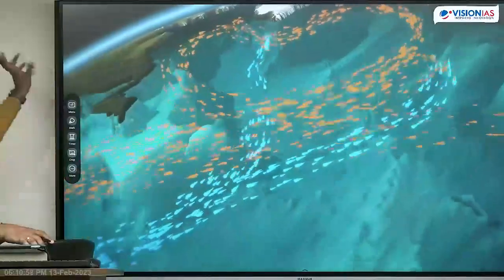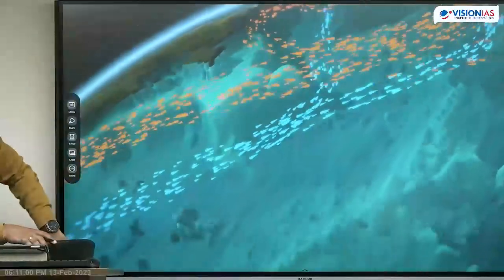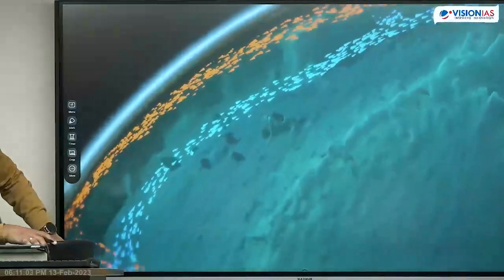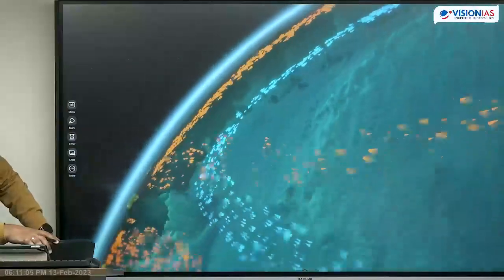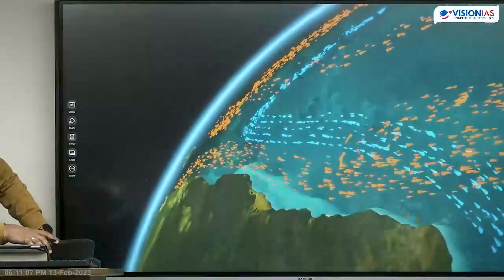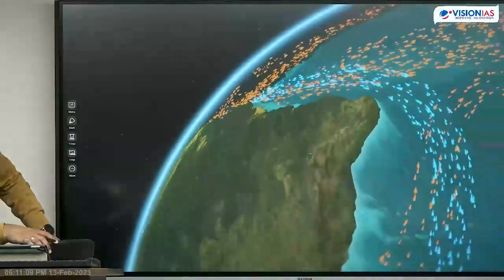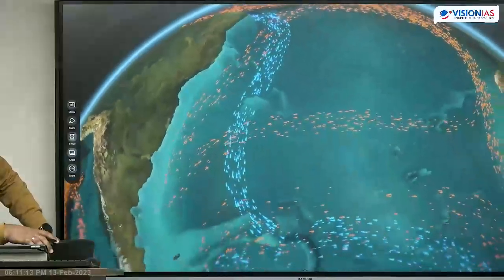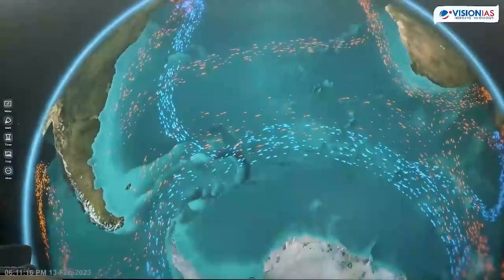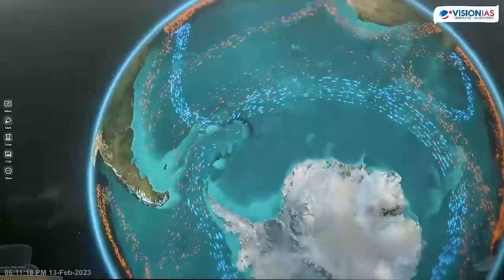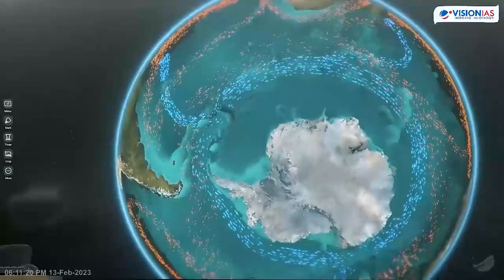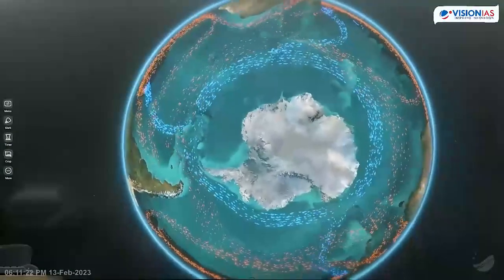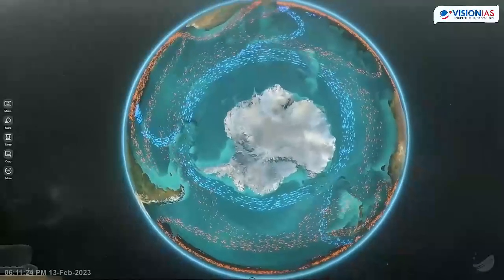Labrador current and East Greenland current joins there. So Brazilian current and then the South Pacific drift. You will have the better view of west wind drift. West wind drift पूरा अंटार्कटिका को सर्कुलेट करता है.